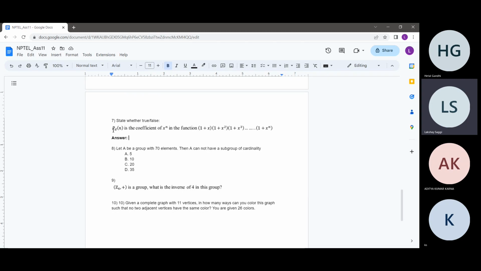PDN. So PDN, if you remember from the lectures, was nothing but the partition number for n. So basically, PDN just denotes the partitioning of n, right? How can you write n as sum of some numbers such that no number is repeated twice, right?